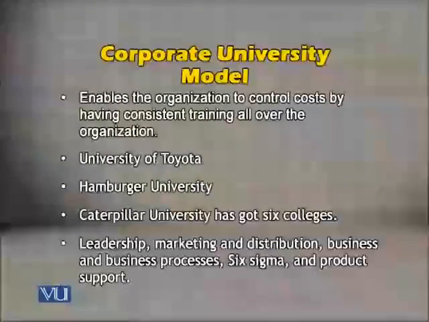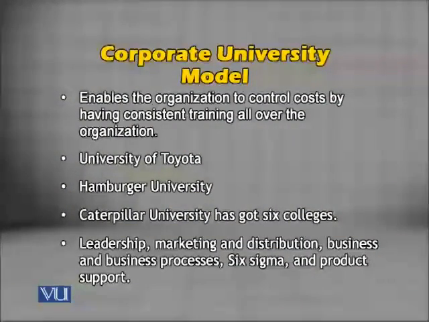So the university has not training areas or training disciplines, but training is organized within colleges. They have colleges for leadership, marketing and distribution, business and business processes, Six Sigma, and product support.